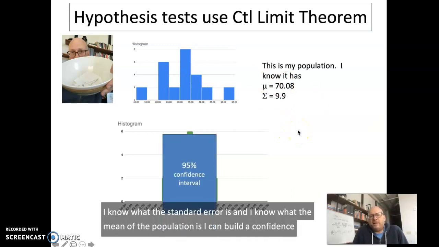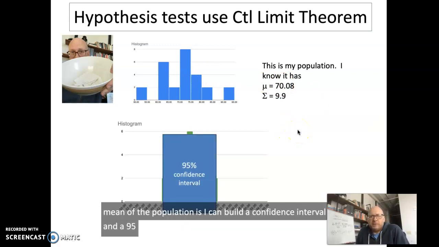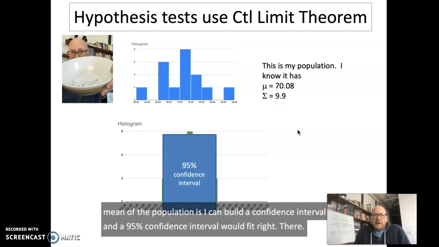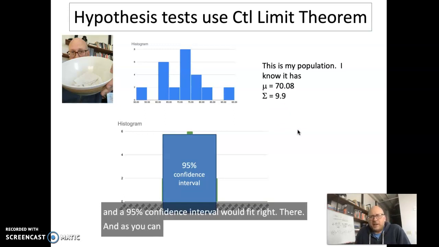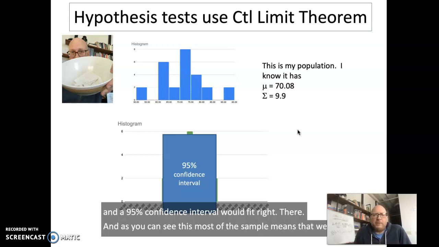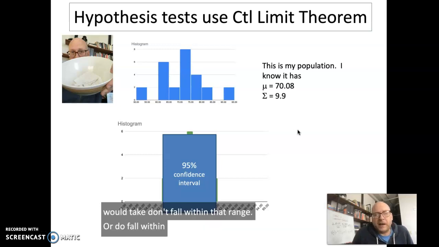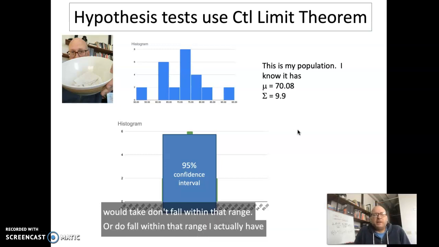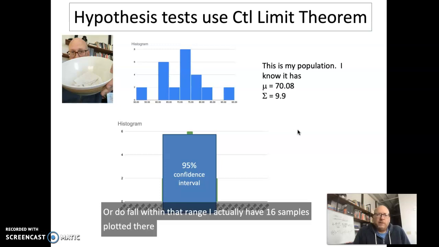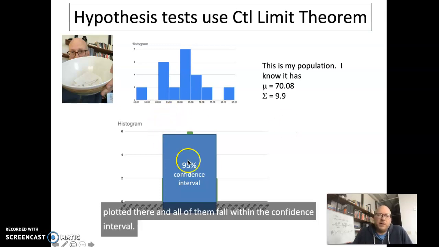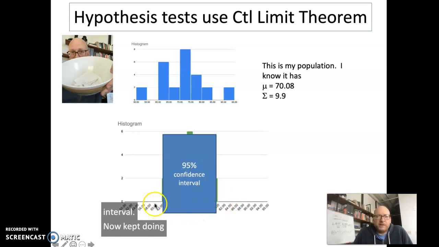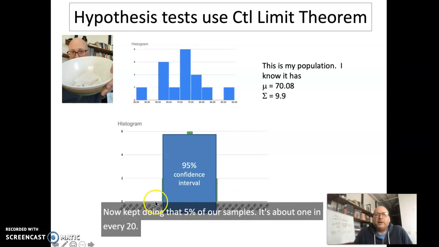And a 95% confidence interval would fit right there. And as you can see, most of the sample means that we would take do fall within that range. I actually have 16 samples plotted there, and all of them fall within the confidence interval. Now, if we kept doing that, 5% of our samples, that's about 1 in every 20, will wind up out here, and that's okay.